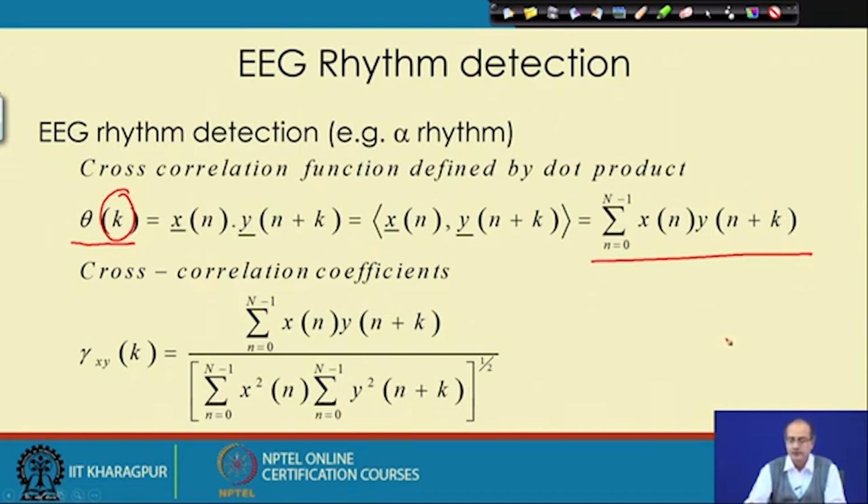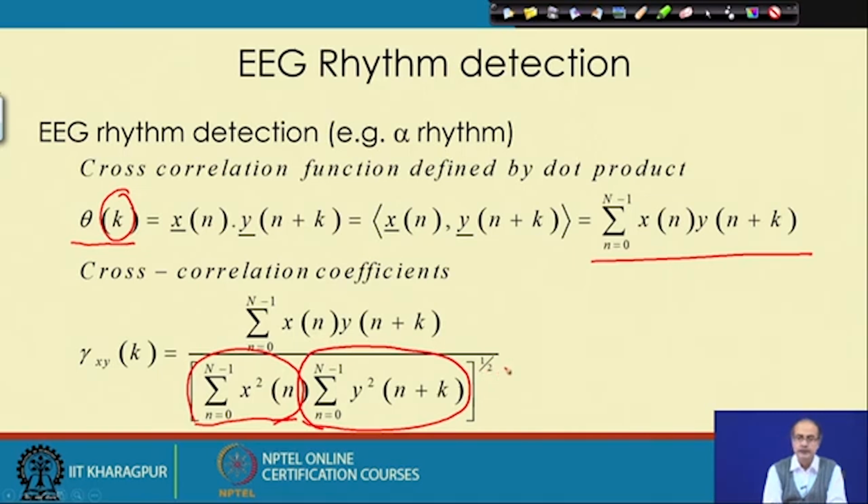So, to get rid of that kind of bias, what do we do? We divide it by the square root of the energy of the signal x, and the square root of the estimate of the energy of the signal y. We take the square root because both are energies, and that takes care of the dimensionality.